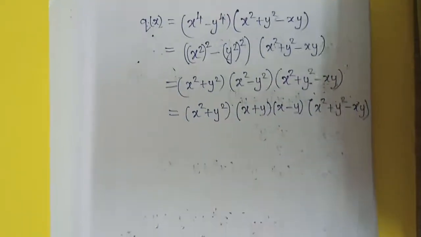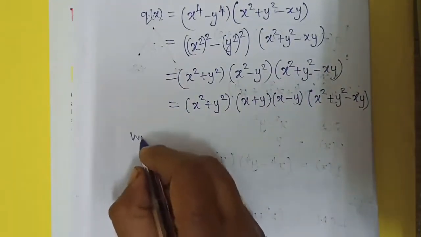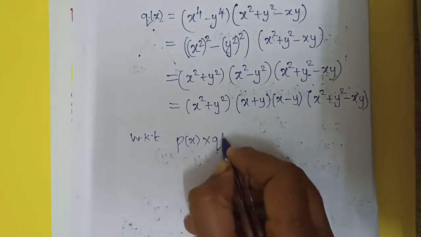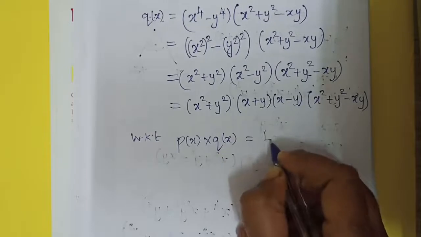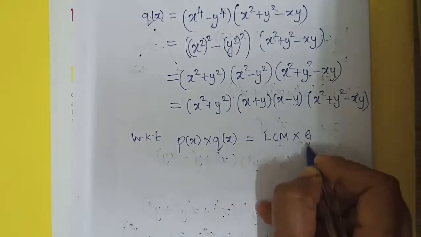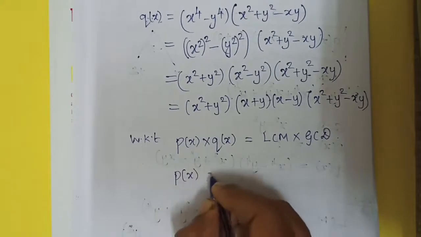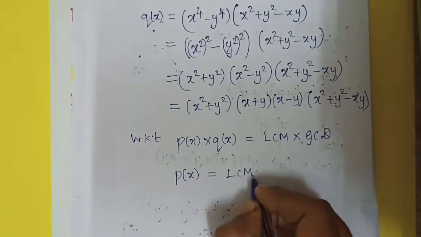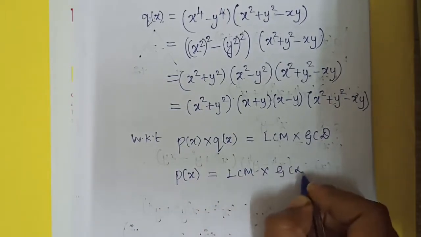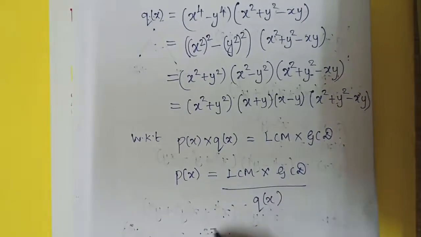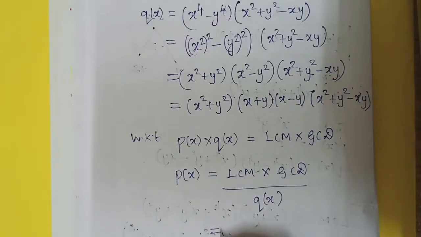Now we need to write the relationship. We know that p(x) into q(x) equals LCM into GCD. We need p(x). So p(x) equals LCM into GCD divided by q(x). So the p(x) value we are going to write here.